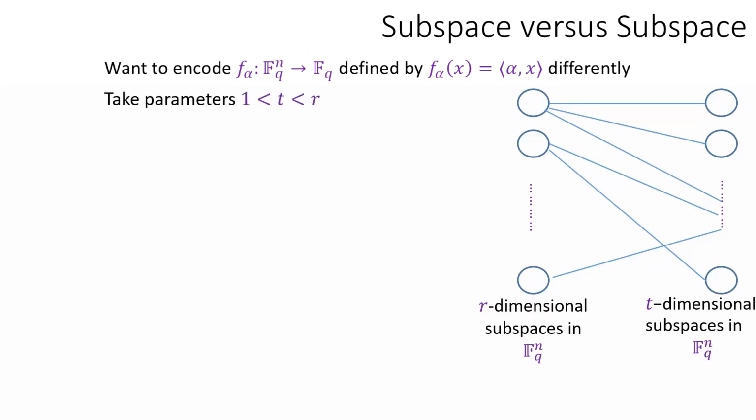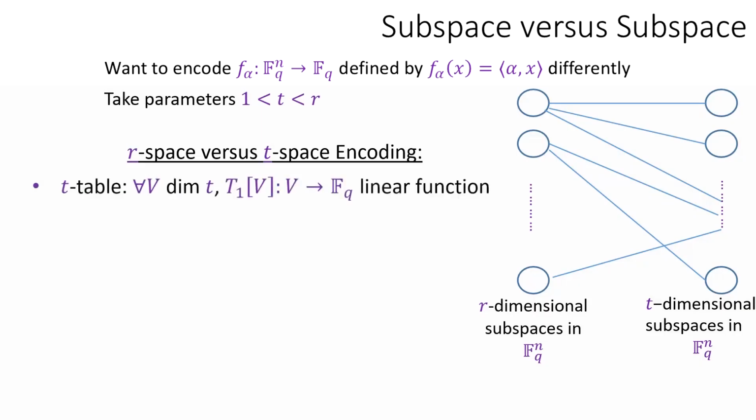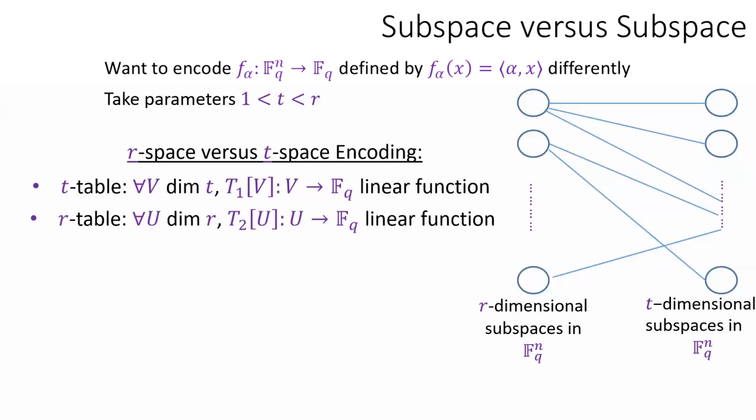And you should think of T as smaller than R, but larger than 1. Now the R versus T encoding is just the natural thing: to each T space, I give a linear function, and to each R space, I give a linear function. So it's an even bigger encoding. That makes sense. And the test is also very natural, given what we've seen so far.